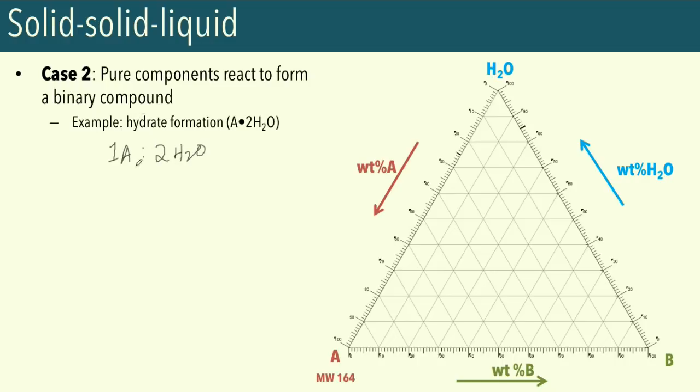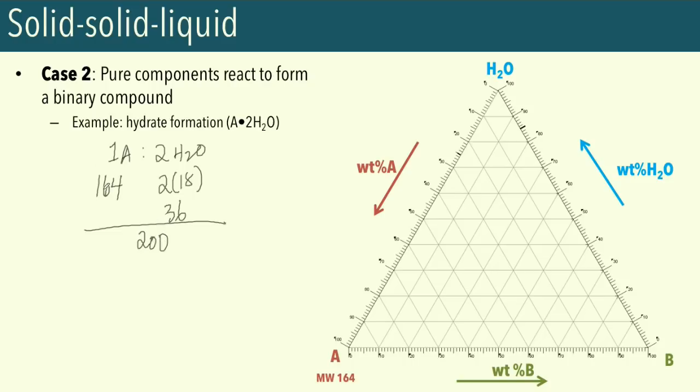So if ever we have this exact composition, we know that we're going to have a hydrate formation. Overall, 1 mole of A is 164 grams, whereas 2 moles of water is going to be 2 times 18, that is 36. So if we get the total mass of our hydrate, that is going to be 200.